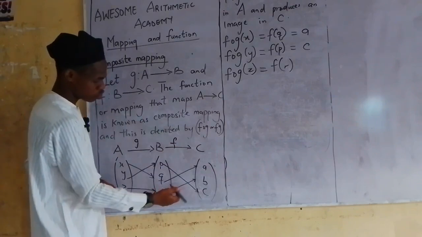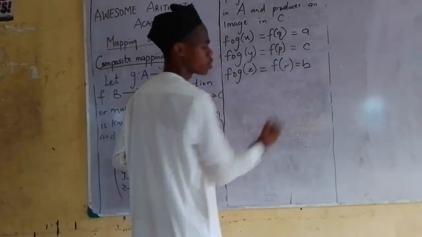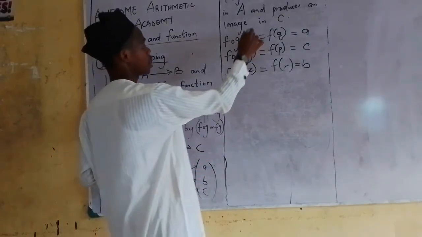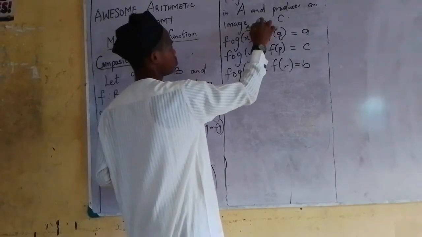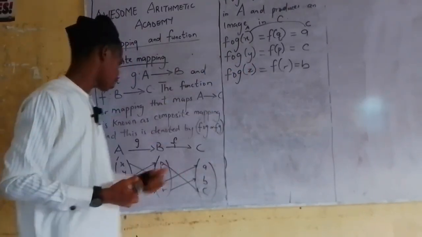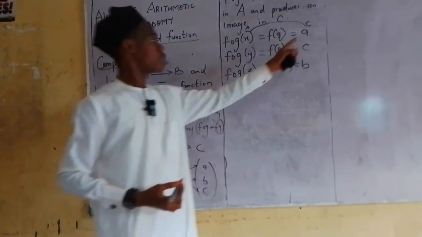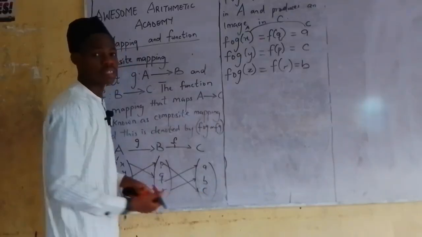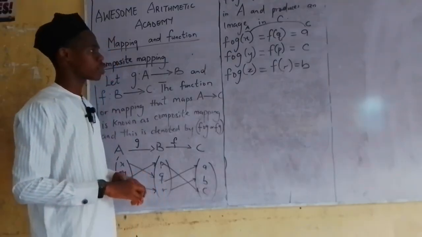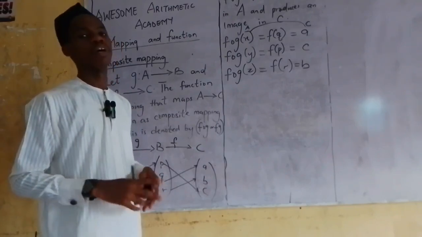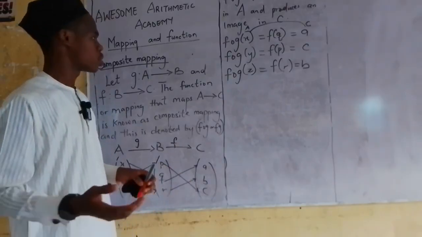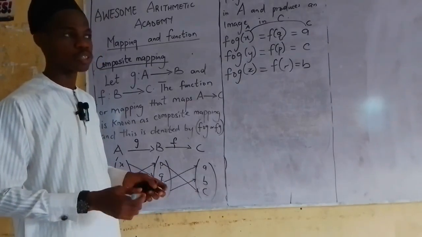And when f takes r, it will produce b. So in essence, the composite mapping takes an element in A and produces the image in C. As you can see here, these are elements under A and these are elements under C. I hope this is clear enough for us to understand what composite mapping is about. Now we are going to look at some examples so that we understand how to solve questions on this.